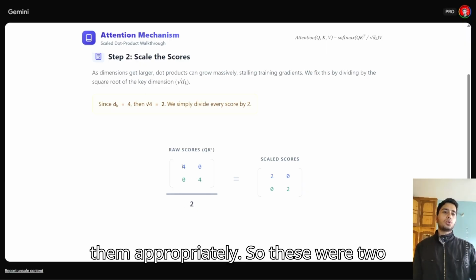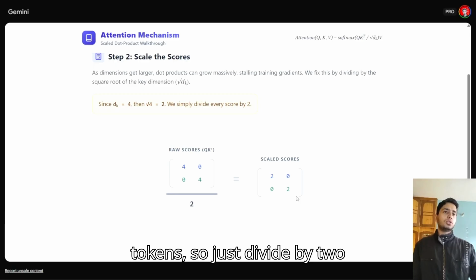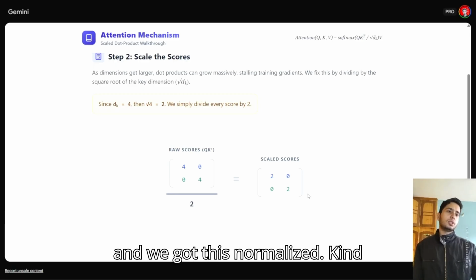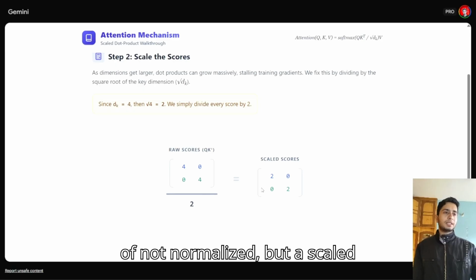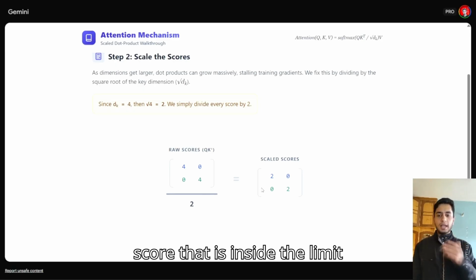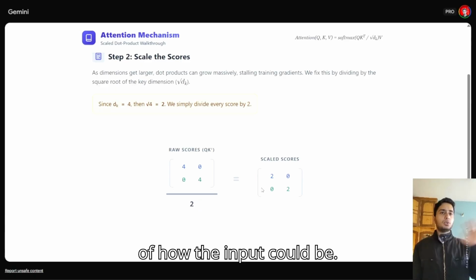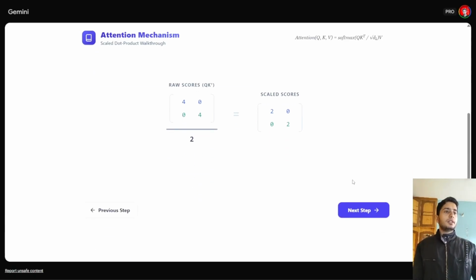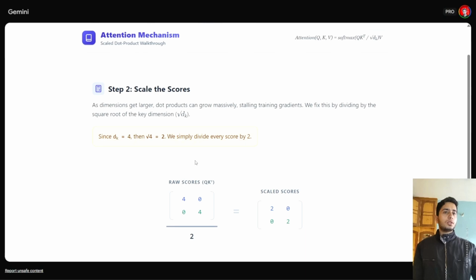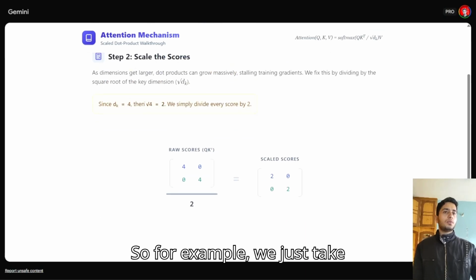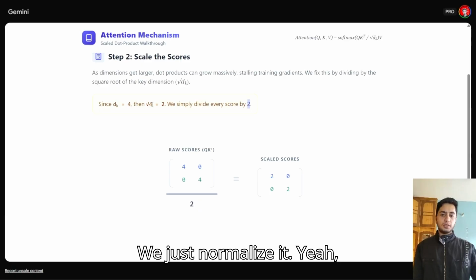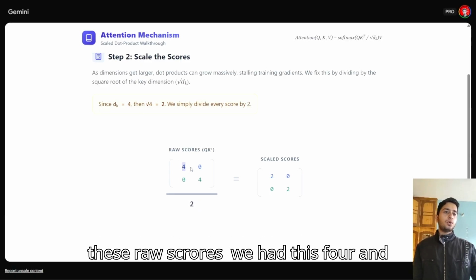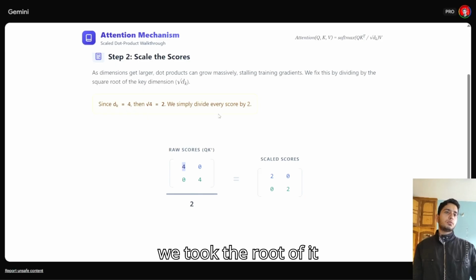These were two tokens, so we take the root of 2 and divide by it. We had this 4, and we took the root of it, and we got this scaled scores matrix.